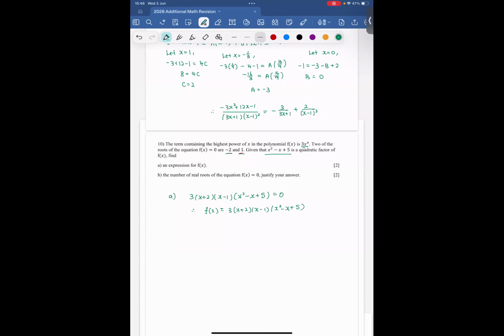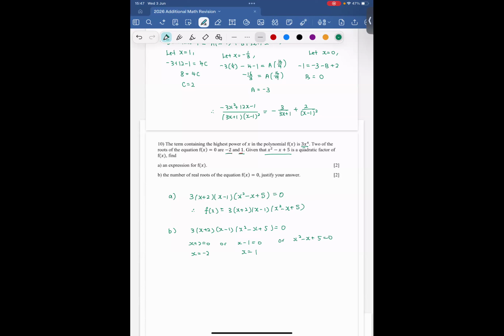Okay? And part B, the number of real roots if this is equals to 0. So now this thing equals to 0 and you try to solve for your x. So we know that x + 2 = 0, or x - 1 = 0, or x^2 - x + 5 = 0. So we definitely know that there are definitely two real answers here.